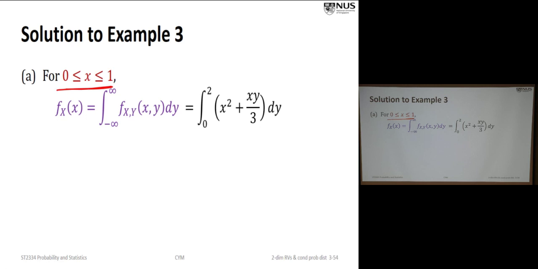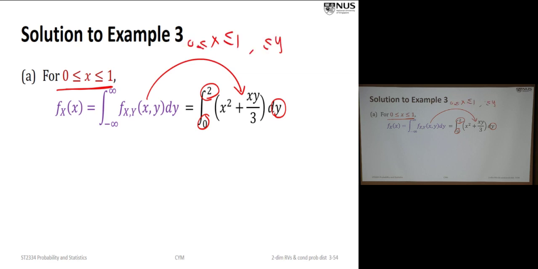Integrate y from 0 to 2, because f of x,y equals this only when x is between 0 and 1 and y between 0 and 2. When x is between 0 and 1 and y between 0 and 2, the joint PDF is equal to this expression. Outside that, it is 0.